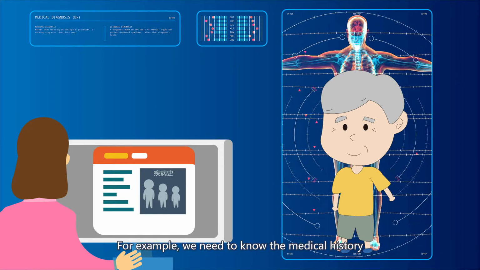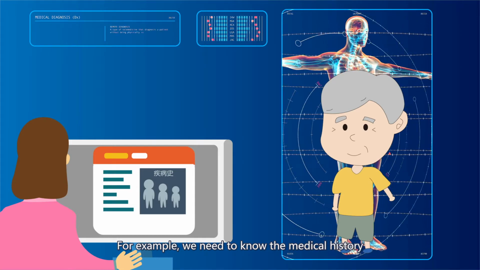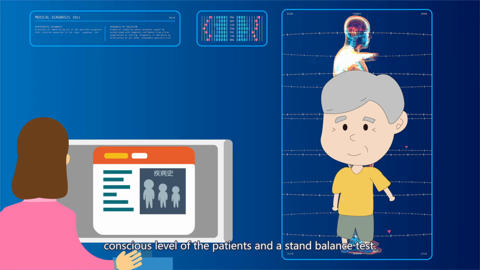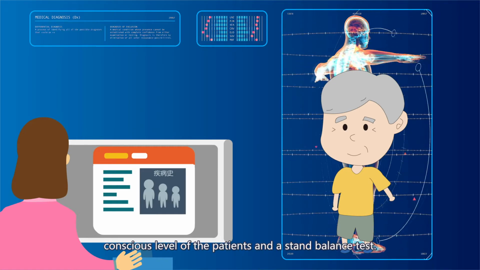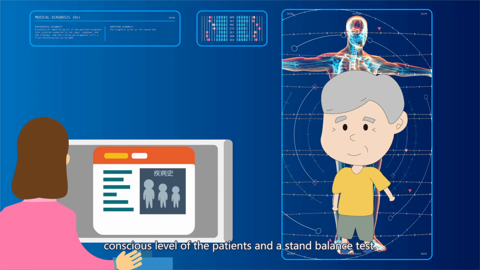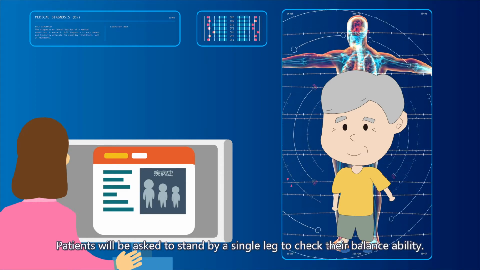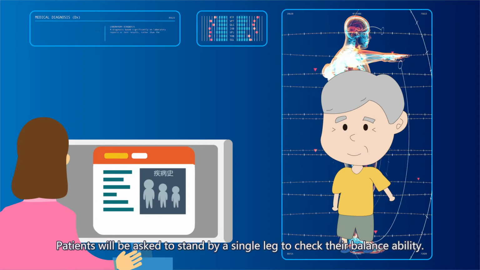For example, we need to know the medical history for fall experience within the past 3 months, the conscious level of the patients, and a stand balance test. Patients will be asked to stand on a single leg to check their balance ability.